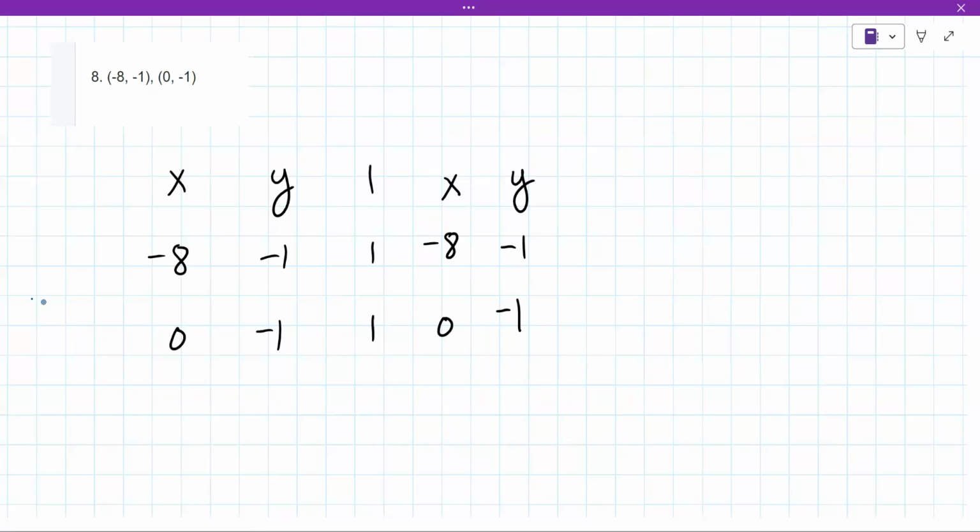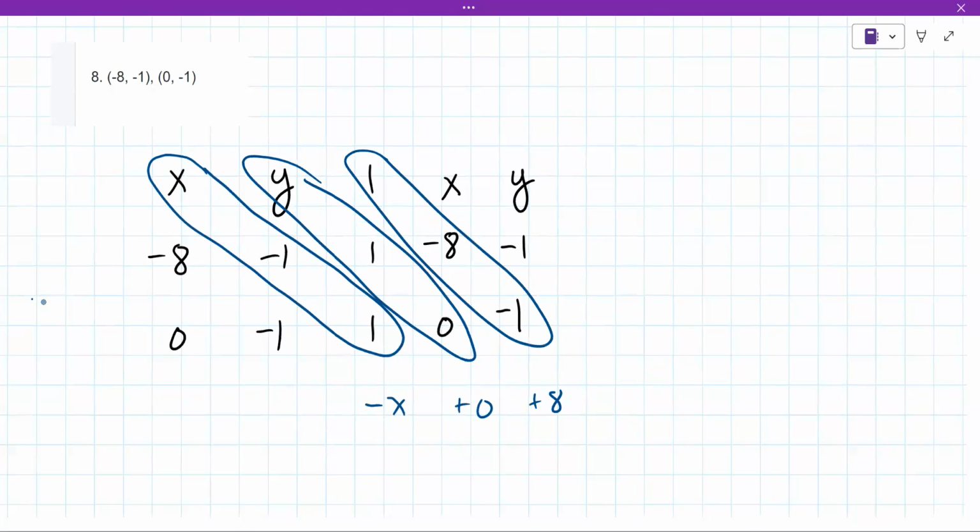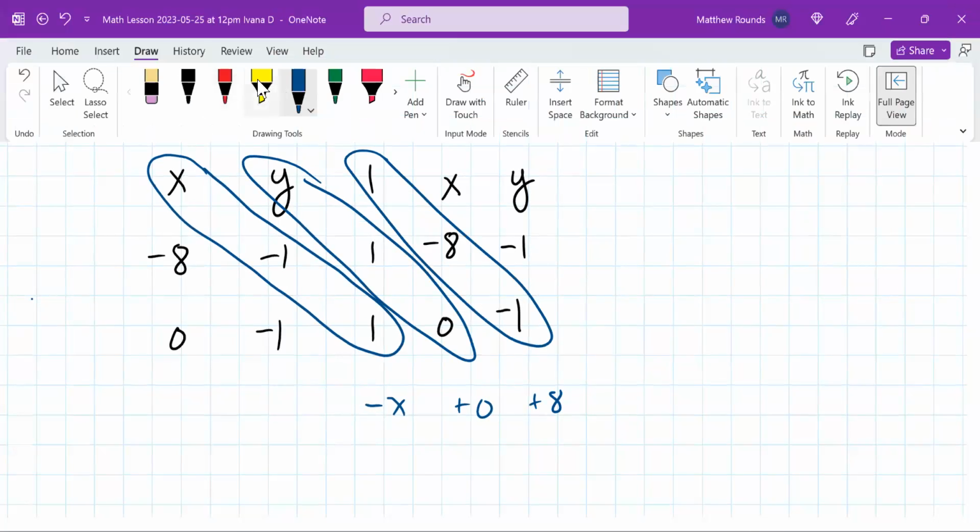So I tried to do the multiplying by myself. So far, I've gotten -x, 0, and 8. Good, that's correct. Oh, yay. Let's do the same thing for the other direction.